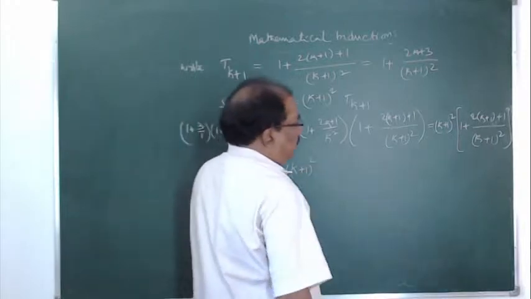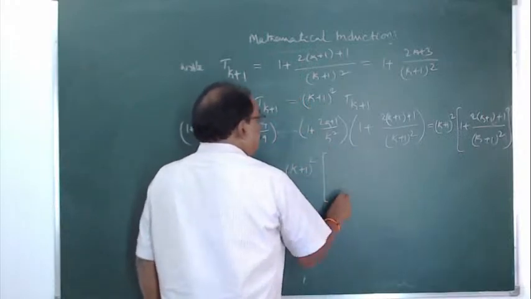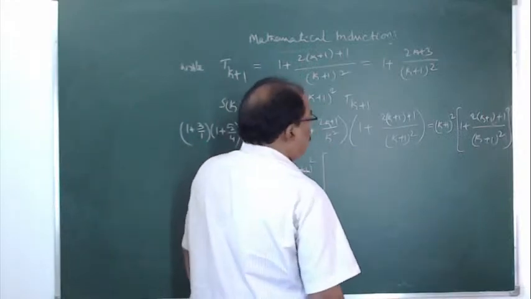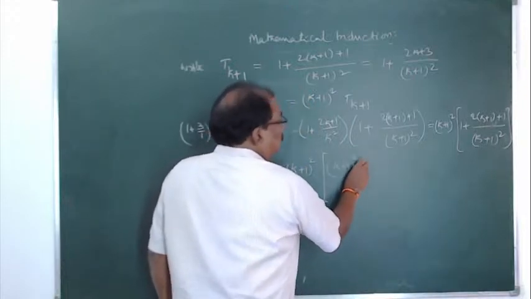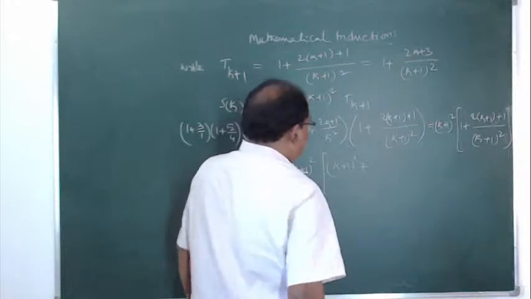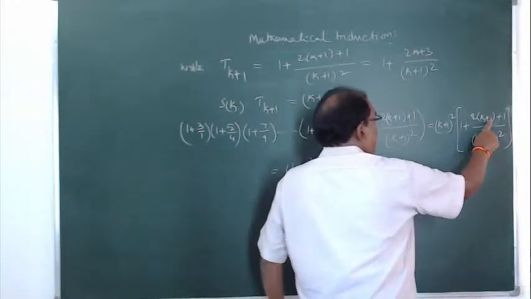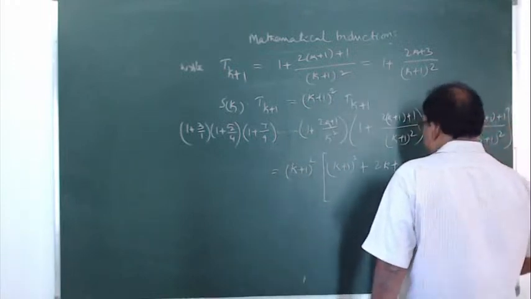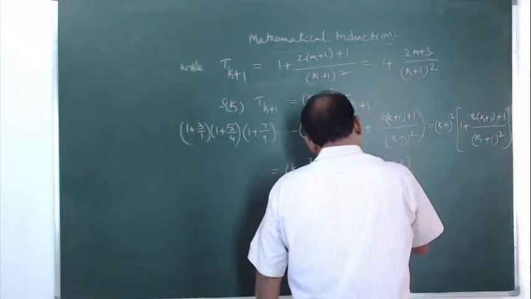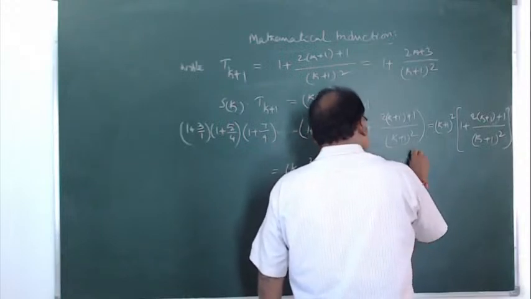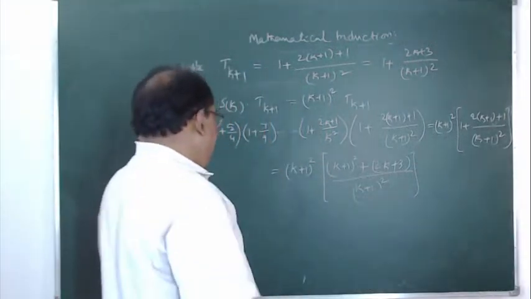k plus 1 whole square is equal to k plus 1 whole square plus 2k plus 2 plus 1, that is equal to 3 by k plus 1 whole square, that is k plus 1 whole square.